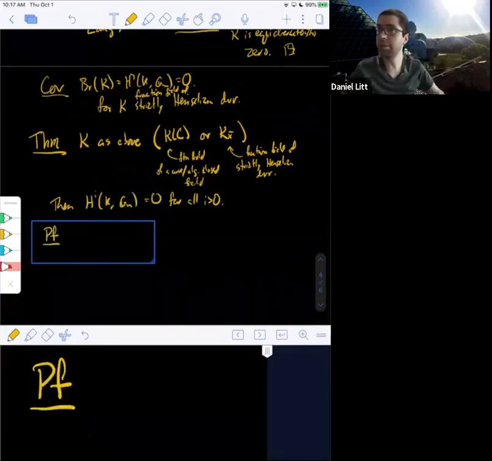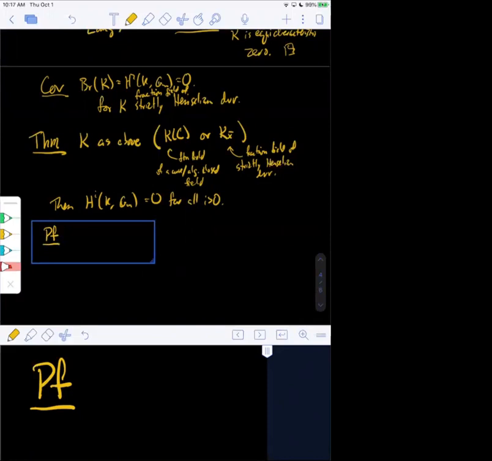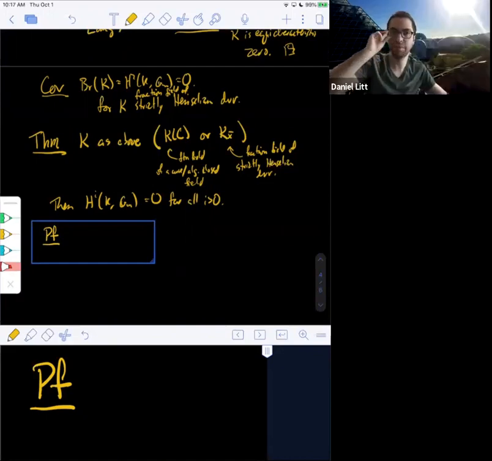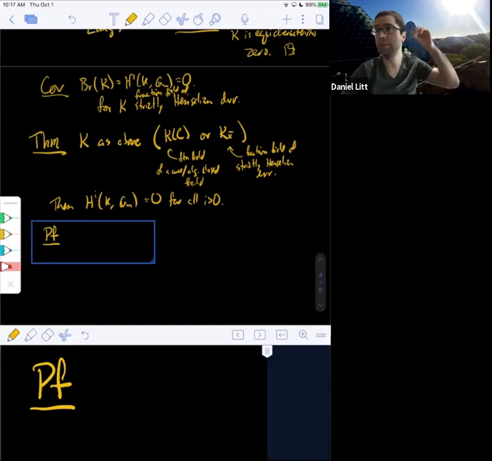Are there any questions about the statement before we get into the proof, or like why we're doing this maybe? Because I know the sort of motivation was maybe a couple class periods ago. Is this going to use the fact that those are those two fields, or is it going to be just an abstract property of fields that have Brauer group 0? Yes, so you need a little bit more than Brauer group 0. What you need is that all extensions have Brauer group 0.